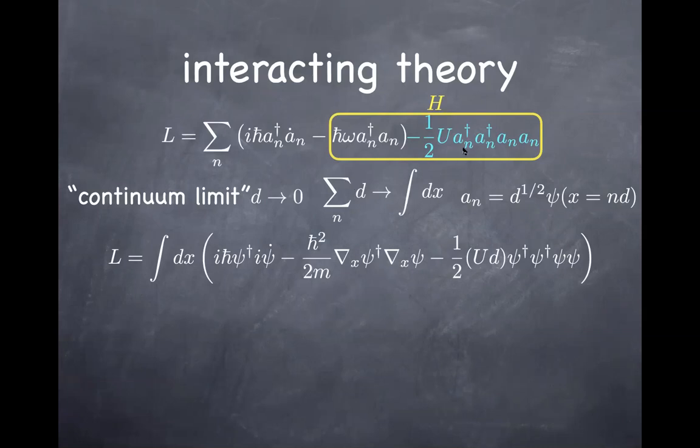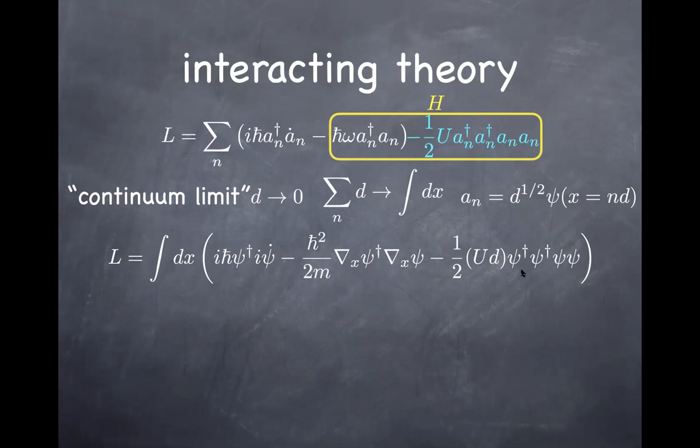But in the case of a dagger a a, that spits out 2 powers of d, and only 1 power of d should be absorbed into this integration volume. So that leaves another factor of d hanging out there. So you need to make sure that the U, that's energy, times d, that's a lattice constant, is held fixed when you take the limit of the continuum.